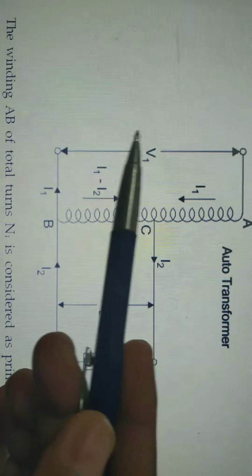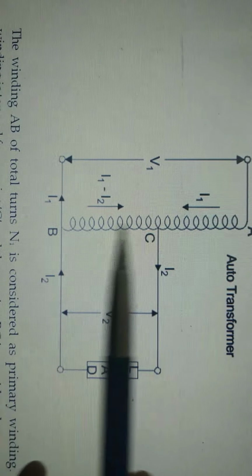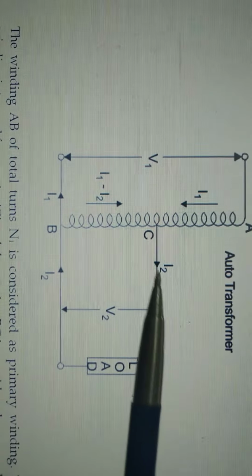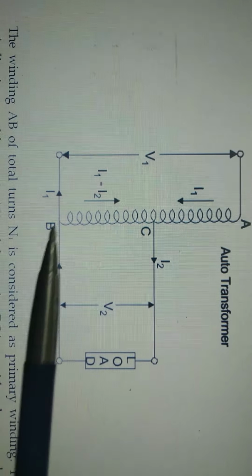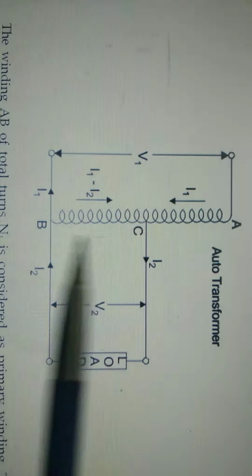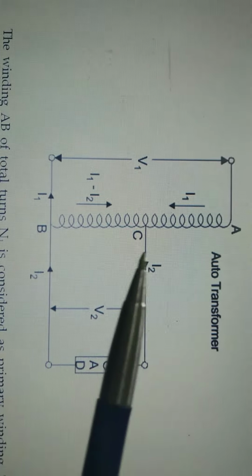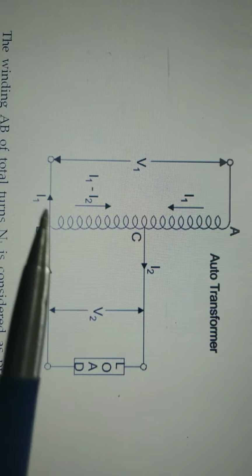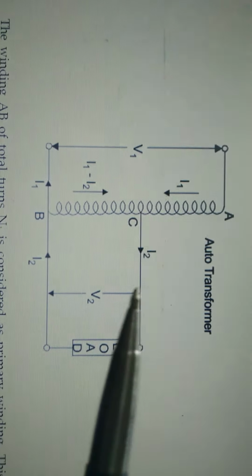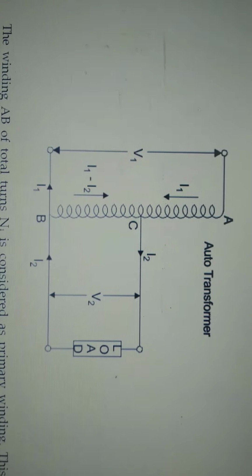So we are applying the voltage to A and B, and we are connecting a load between B and C. Means the portion BC indicates the secondary winding, and the portion AB indicates the primary winding.